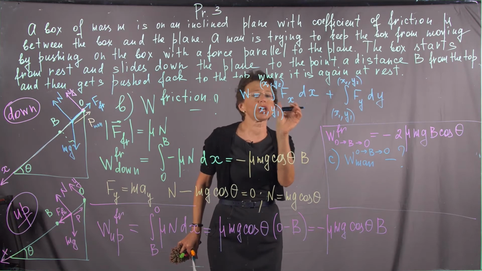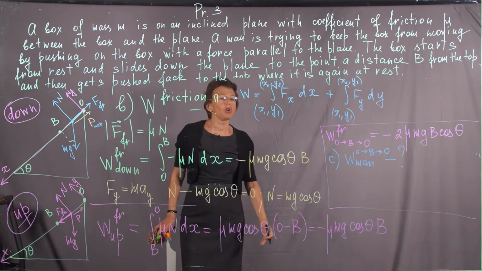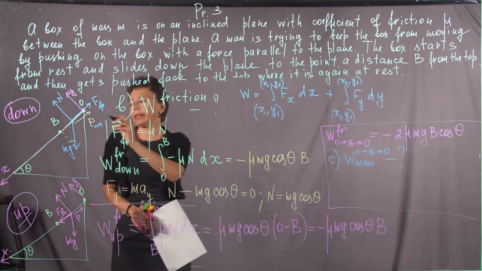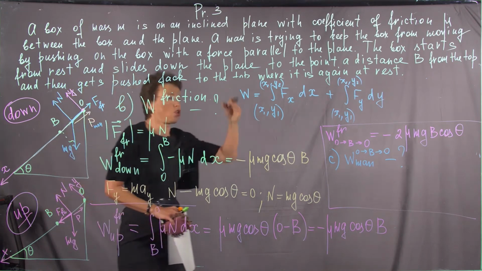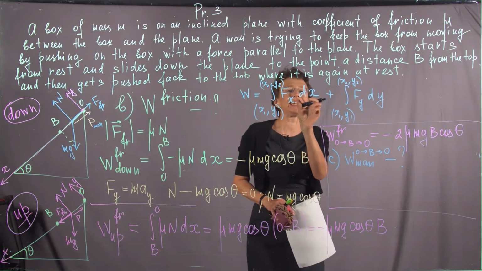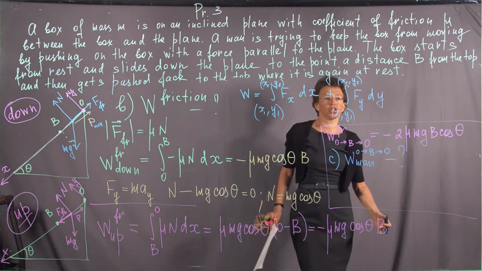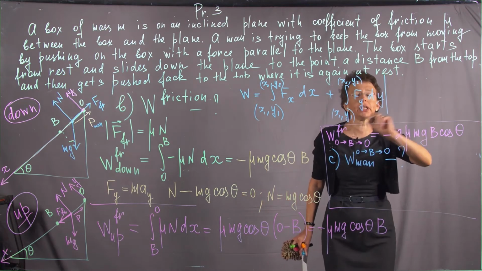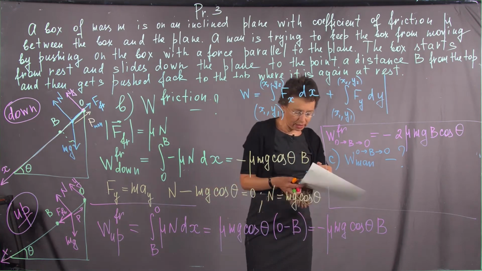You cannot just take it out of the integral. That would be nice. No, you cannot do it, because as the block travels down and up, force P is changing with x. We don't know how it changes. So we cannot just take this out and say, great, we know the answer.